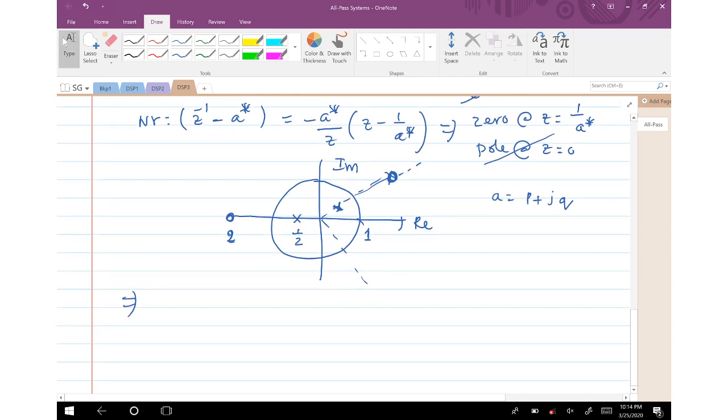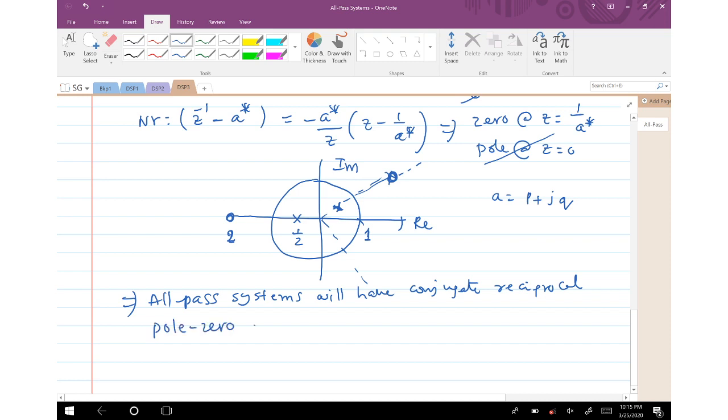So AllPass systems will have conjugate reciprocal pole 0 pairs: taking conjugate, then taking the inverse of it, reciprocal pole 0 pairs. This is a very important property.